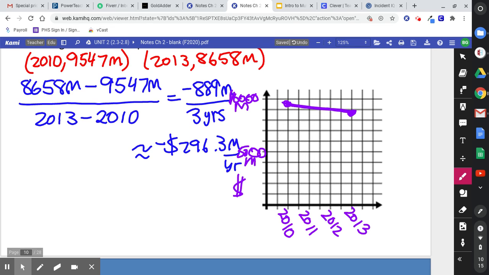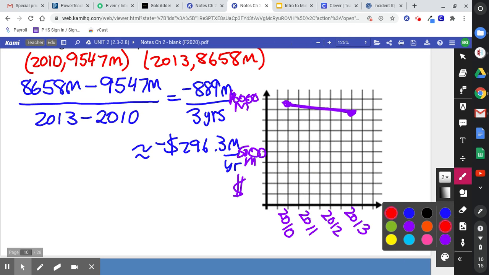Okay, got it. And interpret the result. I'm not sure I really needed the graph to be able to interpret the result because I already had that slope formula. We can tell it's decreasing because the negative 296 tells me it's decreasing, but of course I see the graph is decreasing. So interpret the result.